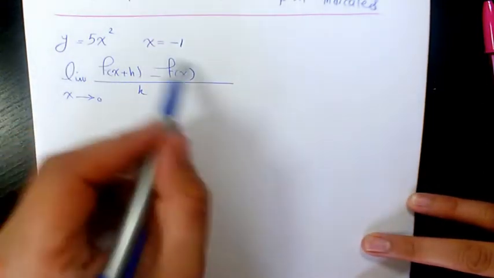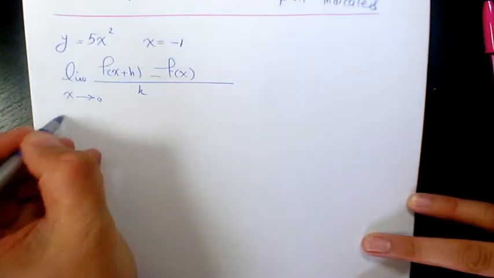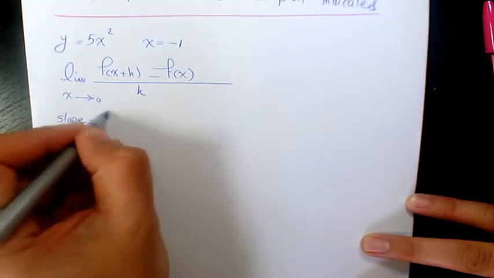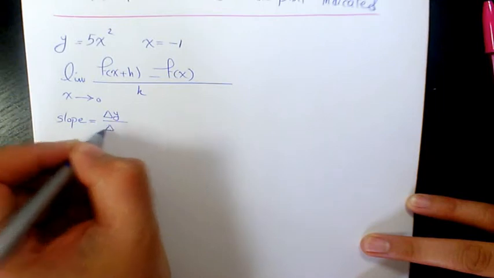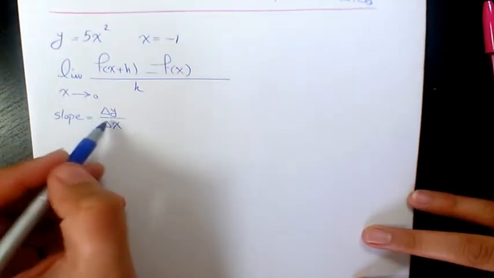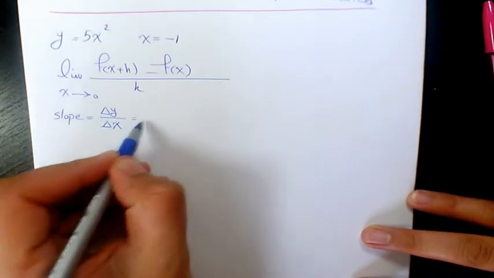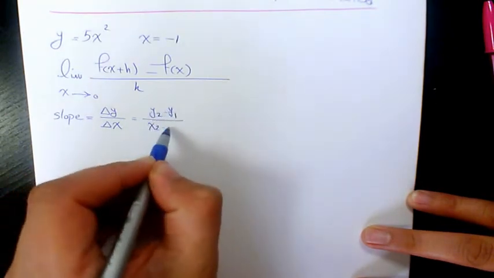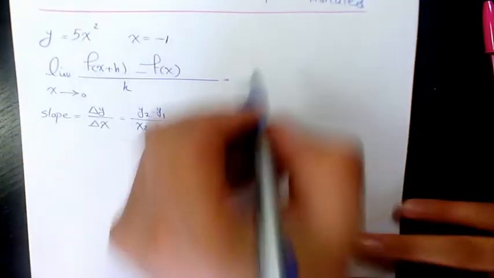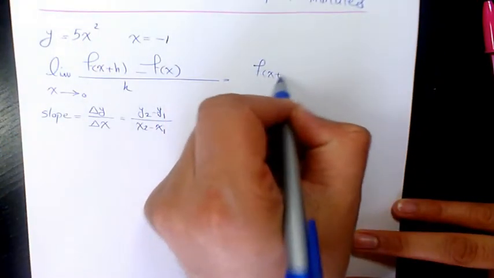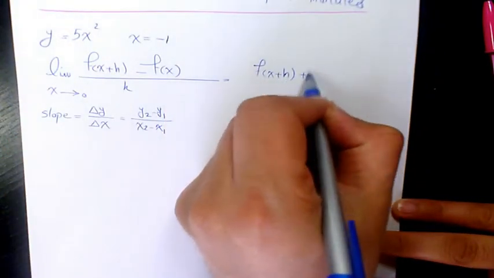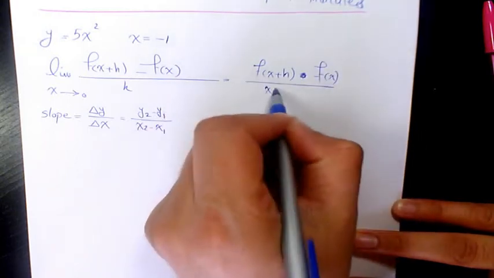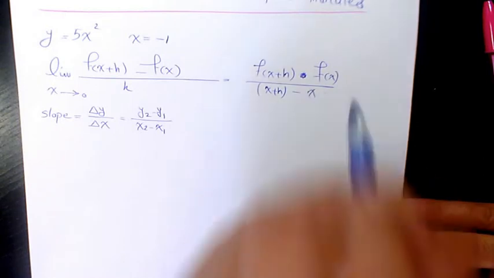Where does this equation come from? Remember, when we were talking about slope in grade 8 or grade 9, it's delta y divided by delta x: differences of y's divided by differences of x at 2 points. Here we have the same thing: f of x plus h minus f of x divided by x plus h minus x.